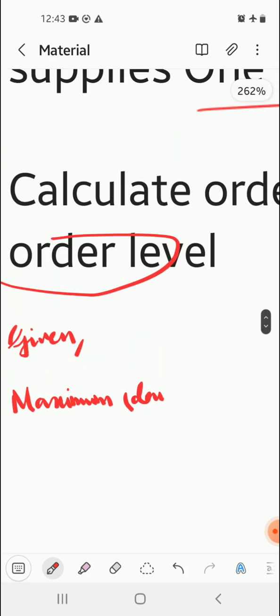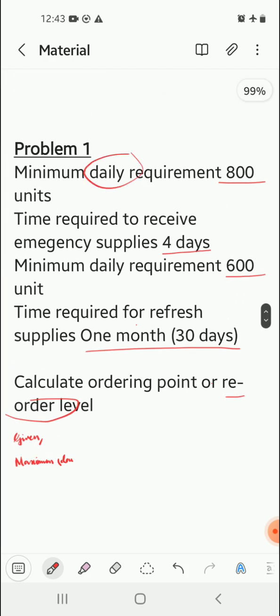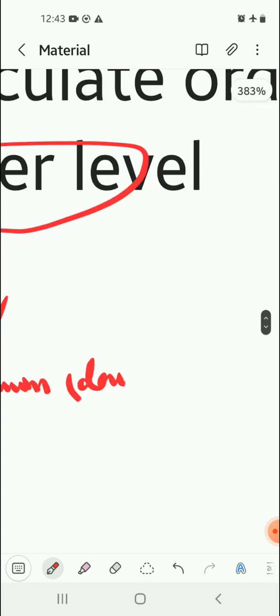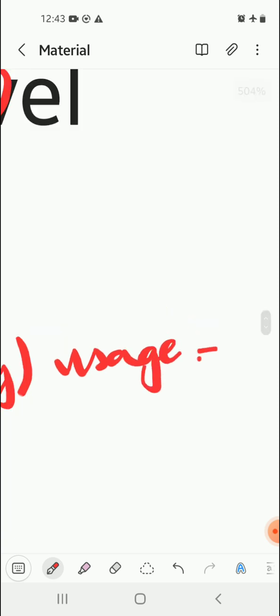So the maximum usage, daily, monthly. In this question, you can see daily requirements are given. So we can say maximum daily usage, and that is given.